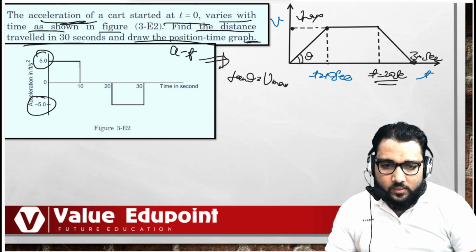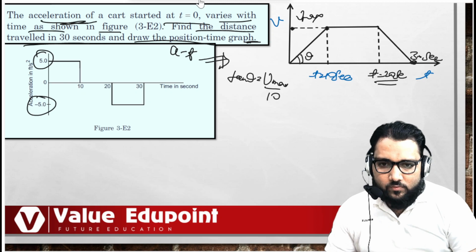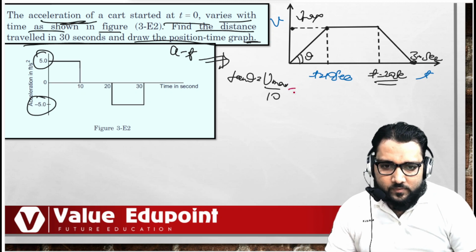Vmax upon the base, which is 10, is equal to 5. So we can easily check Vmax comes out to be 50 meters per second.